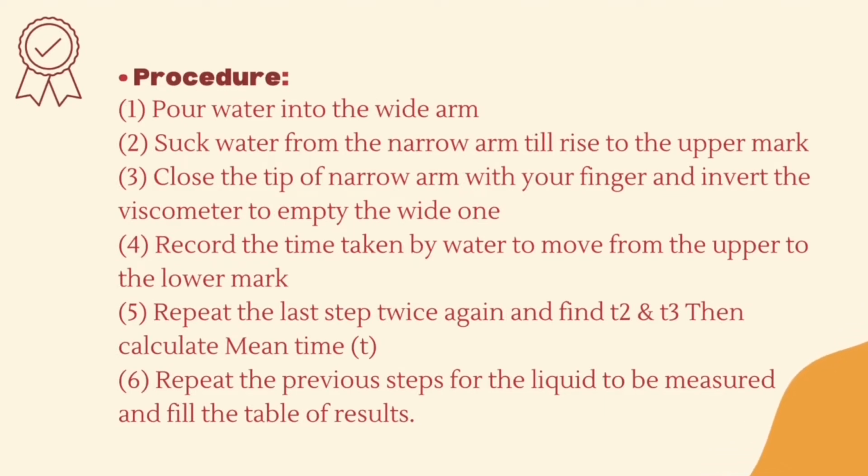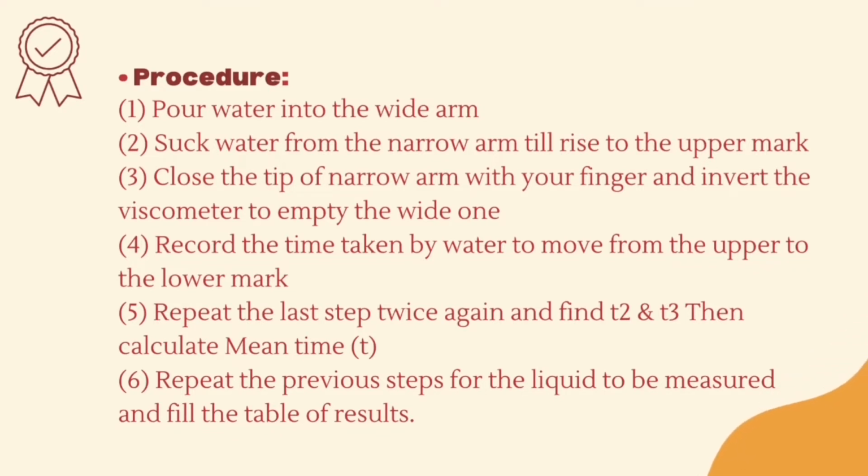Procedure: pour water into the wide arm. Suck water from the narrow arm till it rises to the upper mark. Close the top of the narrow arm with your finger and incline the viscometer to empty the wide one. Record the time taken by water to move from the upper to the lower mark.